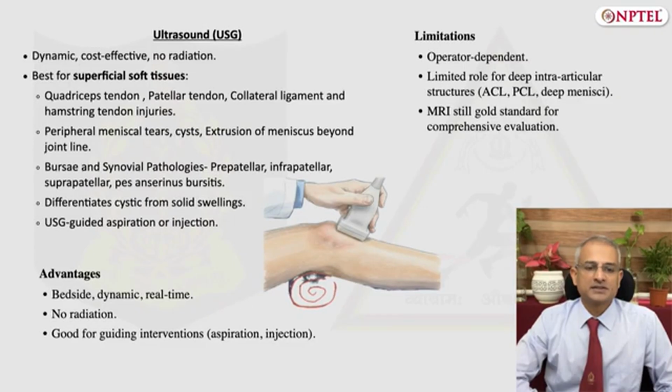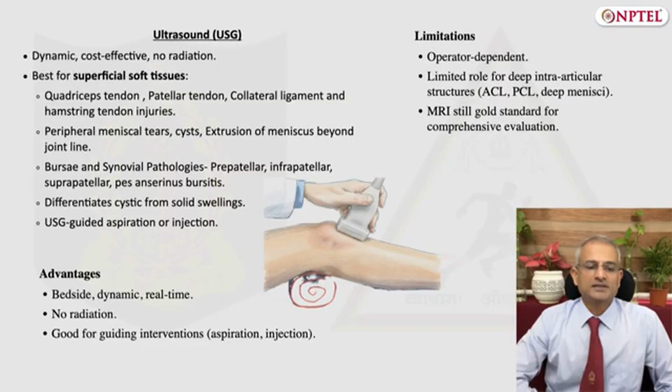It can detect meniscal cysts which are at the periphery or the peripheral meniscal tears or extrusion of the menisci after an injury. It can easily detect collateral ligament injuries. It can detect joint effusion, synovitis or bursitis. It is helpful to differentiate between a solid and a cystic swelling. And it also provides guidance for aspiration or injections that are very popularly given into the knee.